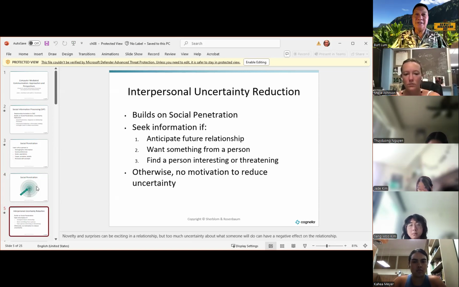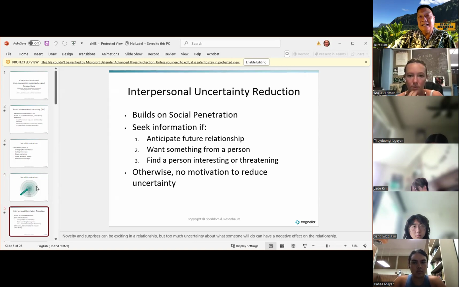Interpersonal uncertainty reduction. So you have this process of social penetration, and the act of going deeper is the uncertainty reduction.